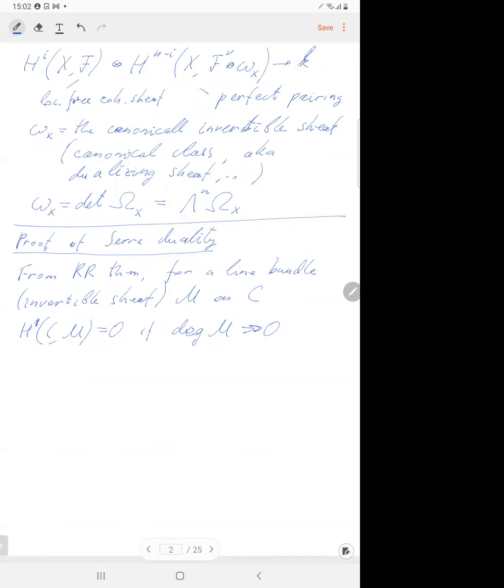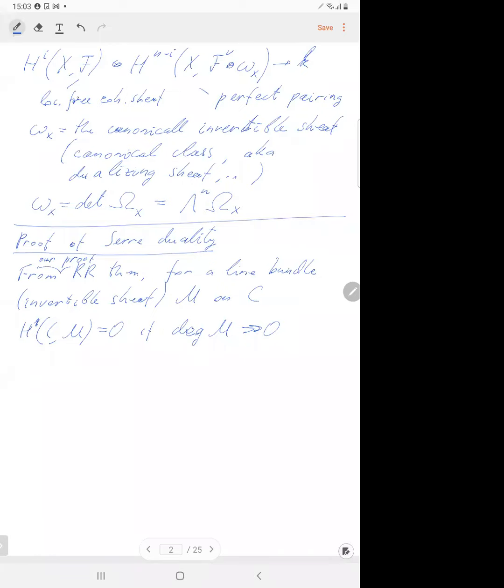Maybe it's not immediately directly from the Riemann-Roch theorem, but from our proof. When we prove the finite dimensionality of the first cohomology, then in particular this follows.